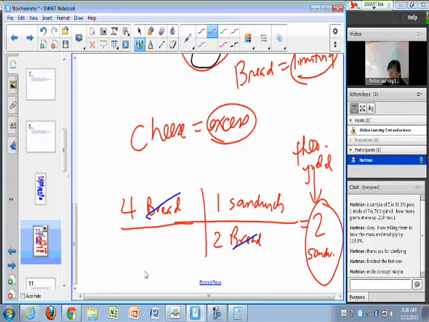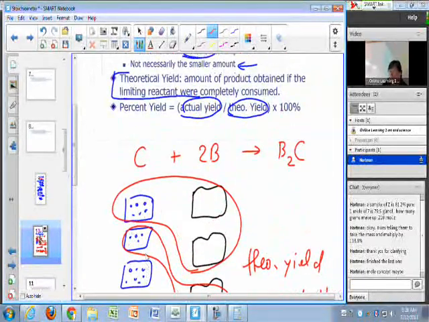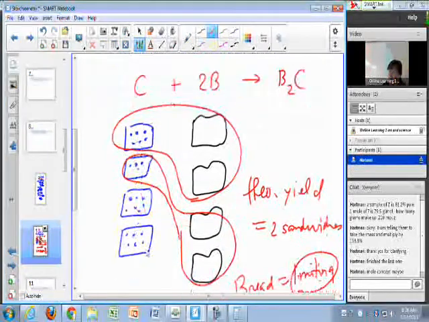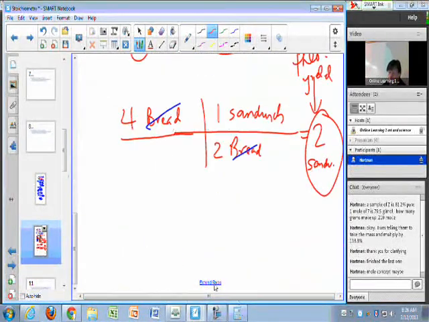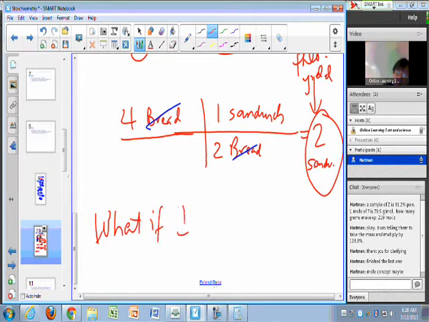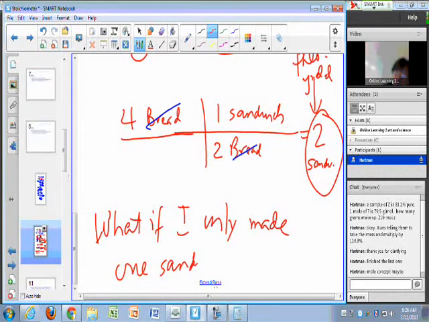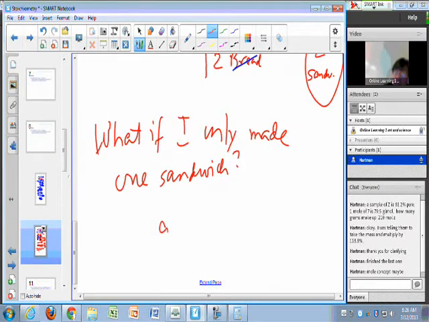Now, what if I'm not hungry? I've got 4 slices of bread in the kitchen and 4 slices of cheese, but I'm not hungry. I just want to make 1 sandwich. So what if I only made 1 sandwich? Then my actual yield is 1 sandwich.